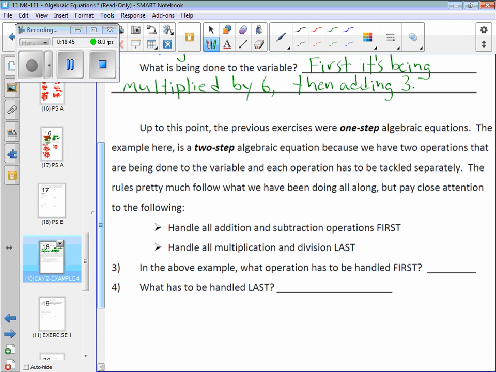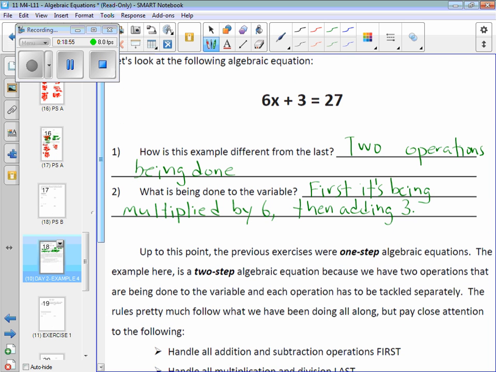Here's the rule for two-step equations. You actually do it in reverse. You do the inverse in the reverse PEMDAS order. I'll show you what I mean. If you were to do PEMDAS, wouldn't you do multiplication first and then add? You undo it in the opposite order. So the first thing that you have to do is take away your 3.